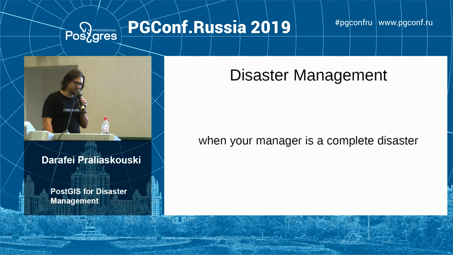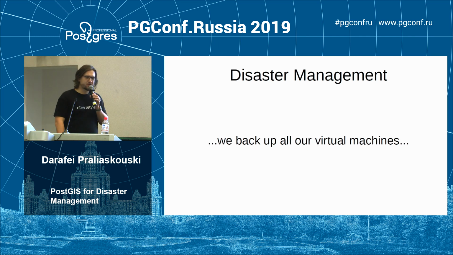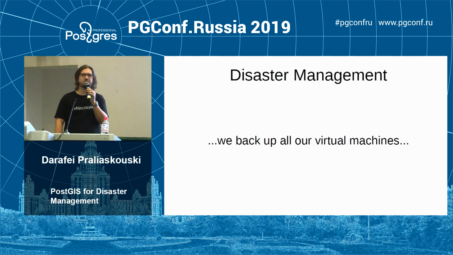The first option, it's when your manager is a complete disaster, and this is the way how they manage you. But it's not about this. The second option is that we back up all our virtual machines.